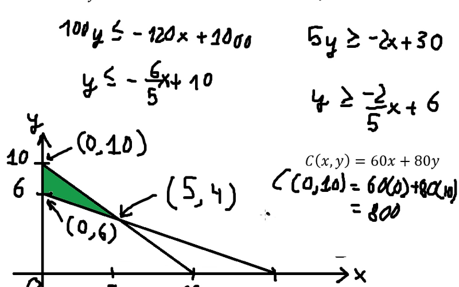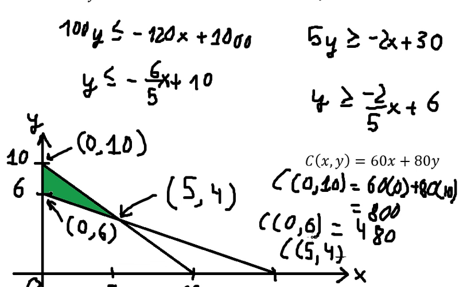So the next one, we put number 0 here, number 6 here, and we have 480. We have 5, number 4 in here. We put number 5 here, number 4 here, and we have 620.